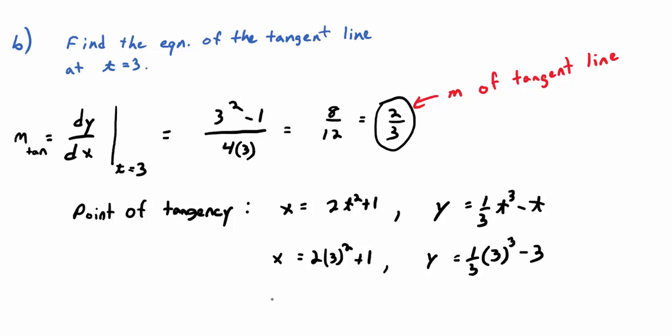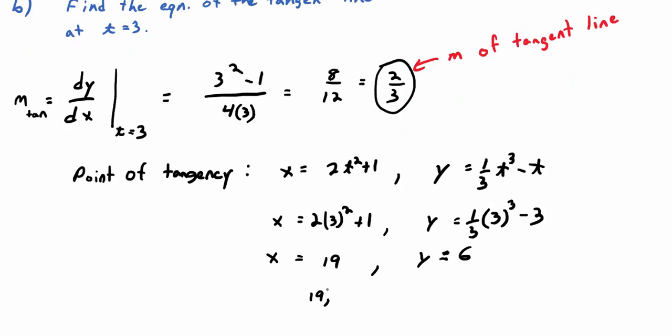Okay, so what are these x and y values? Let's see, we have 9 times 2, 18 plus 1, 19. You guys do the next one for me. See, 27 divided by 3, 6. Okay, so the point of tangency is (19, 6).